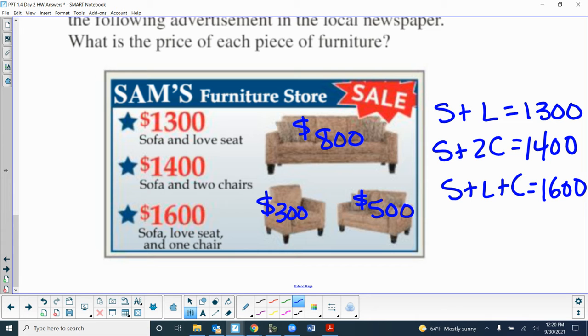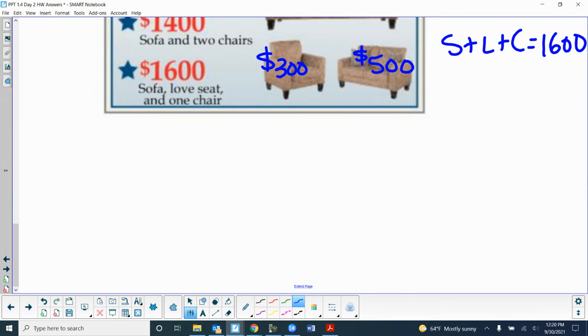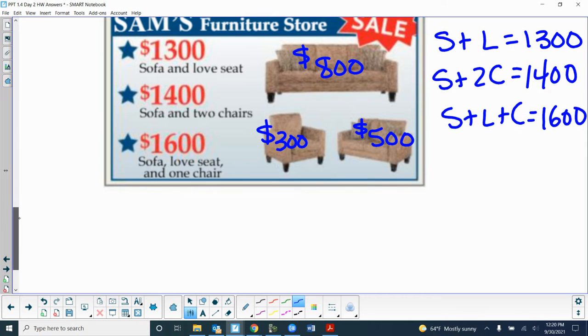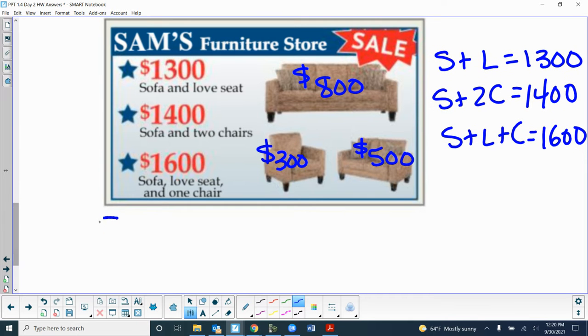Okay, so to line things up, remember we talked about making sure your matrices were lined up. For my A matrix, I've got 1 sofa for each one. For my love seat, I've got 1, none, and 1. And for my chairs, I've got 0 chairs, 2 chairs, and 1 chair. So that should be your A matrix.